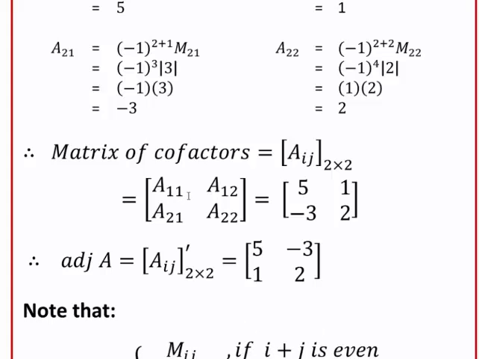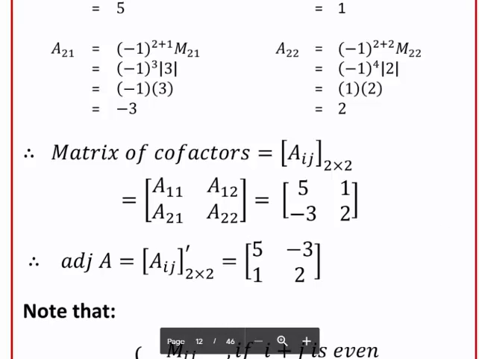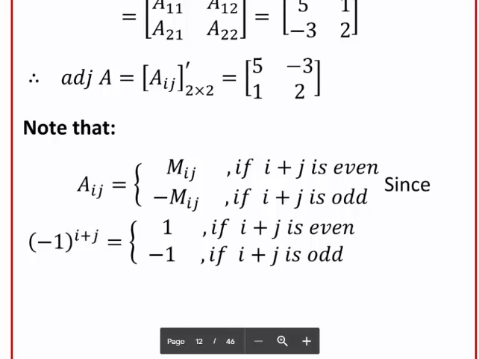Entries in the cofactor matrix we denote by capital Aij. So there are 4 entries, and just take the transpose, we get the adjoint of A. In this way we get the adjoint not only for 2 by 2 or 3 by 3 but for n by n also.